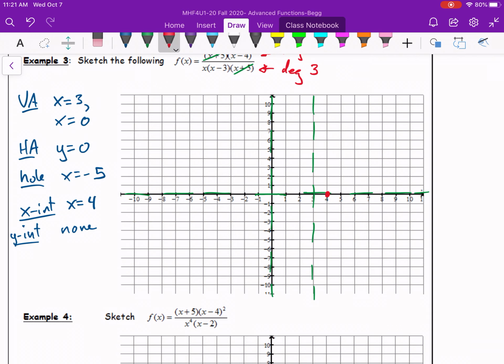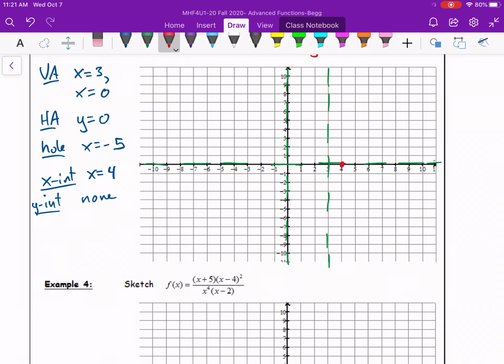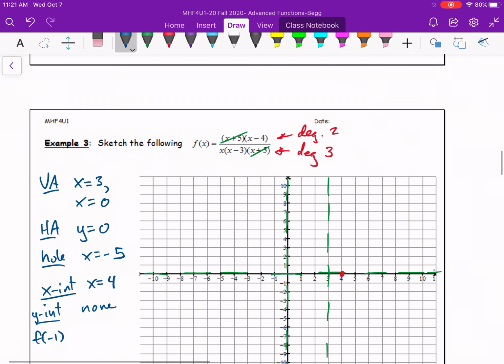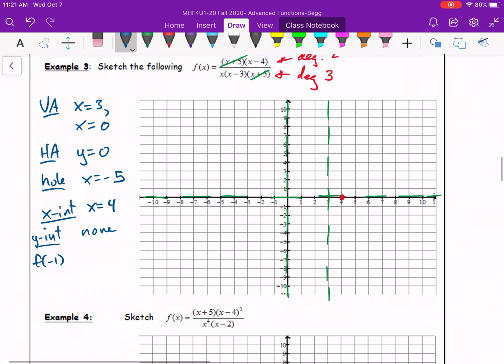So this is a case where we probably are going to want to do a few test values. So maybe we'd pick -1 just to see what happens there. If I put -1 in for x, then I'm going to end up with -20/16, which is about -1.25.